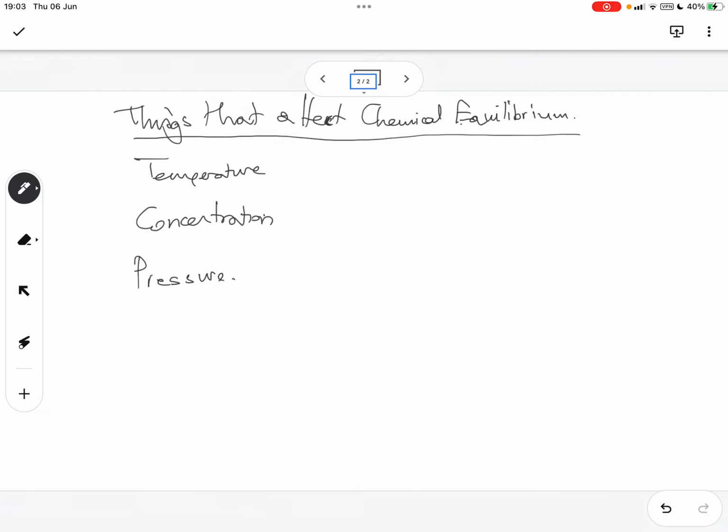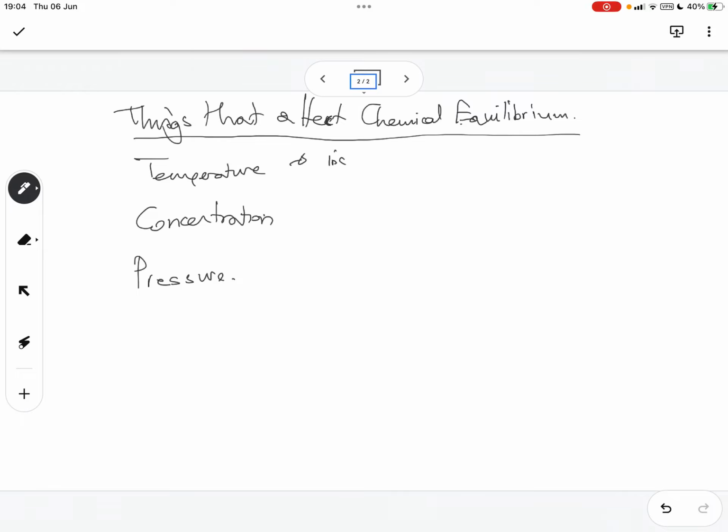So temperature. Depending on the type of reaction, if the temperature is either increased or decreased, then the equilibrium can shift, right?